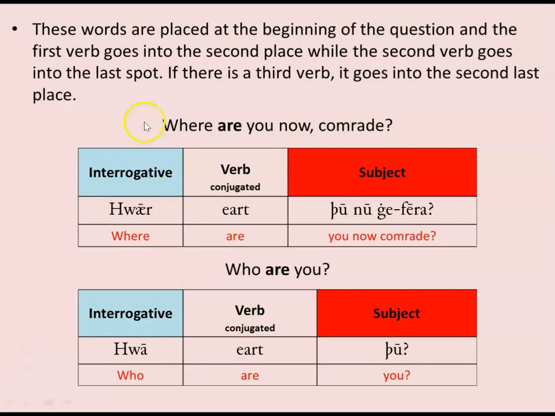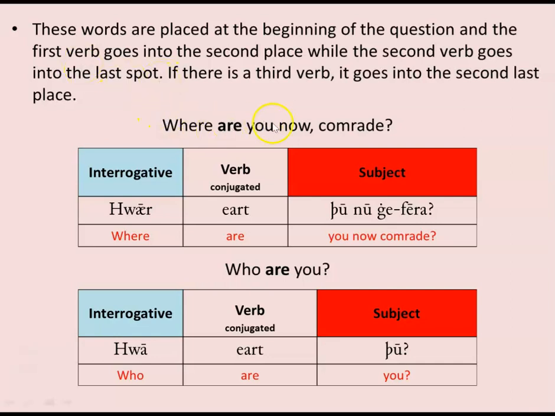These interrogative pronouns are placed at the beginning of the question, and the first verb goes into the second place. Verb in second place, interrogative pronoun at the front, while the second verb, if there is one, goes into the last spot. If there's a third verb, it goes into the second last place, as in all the previous videos.